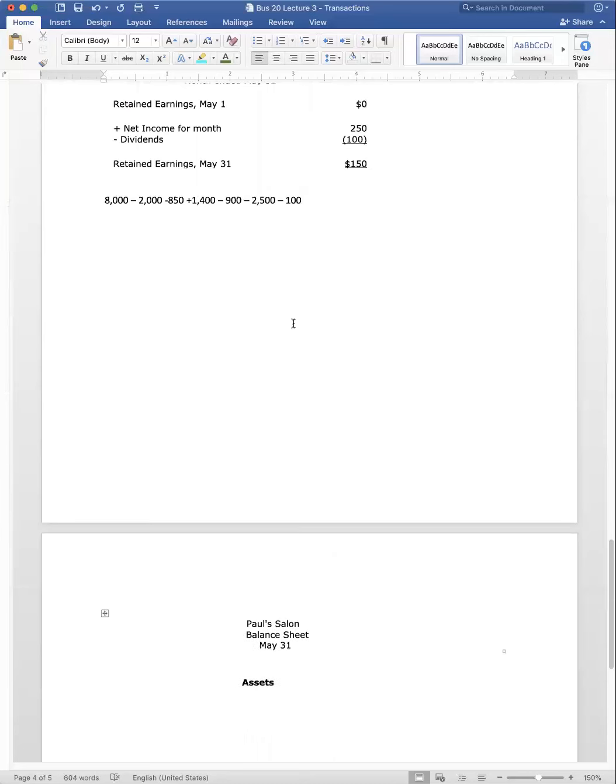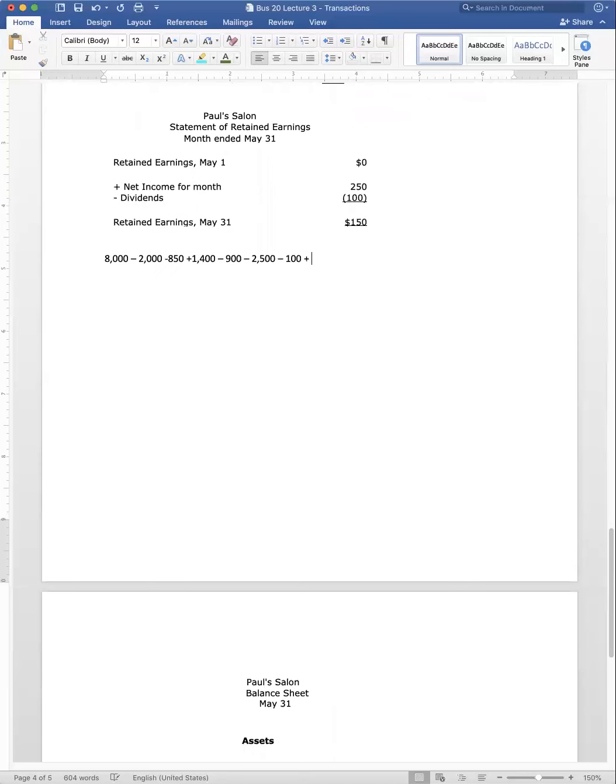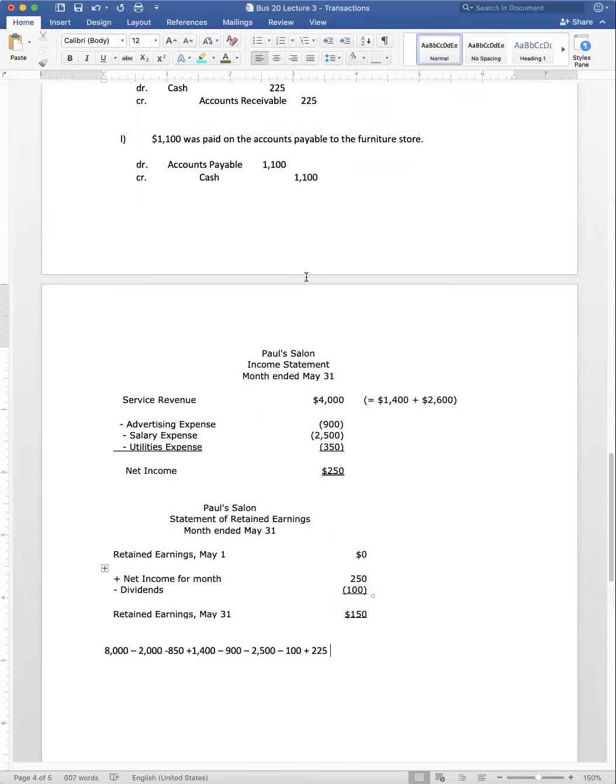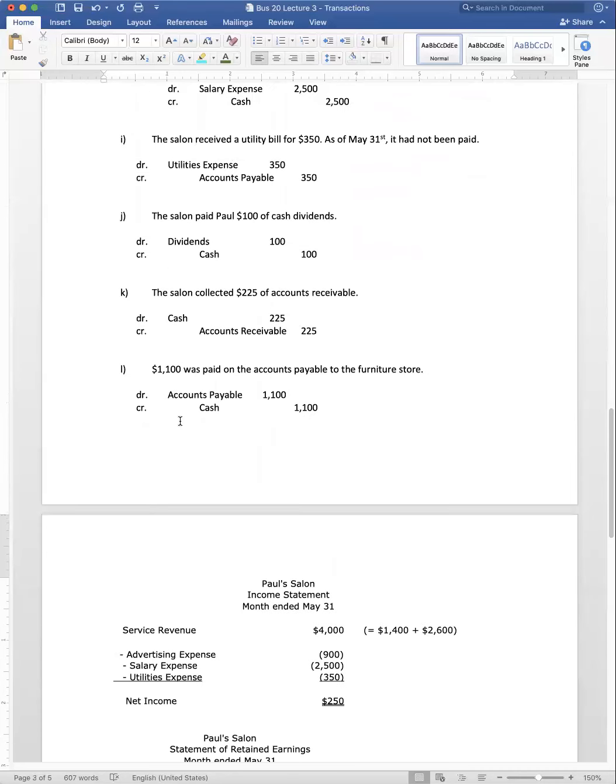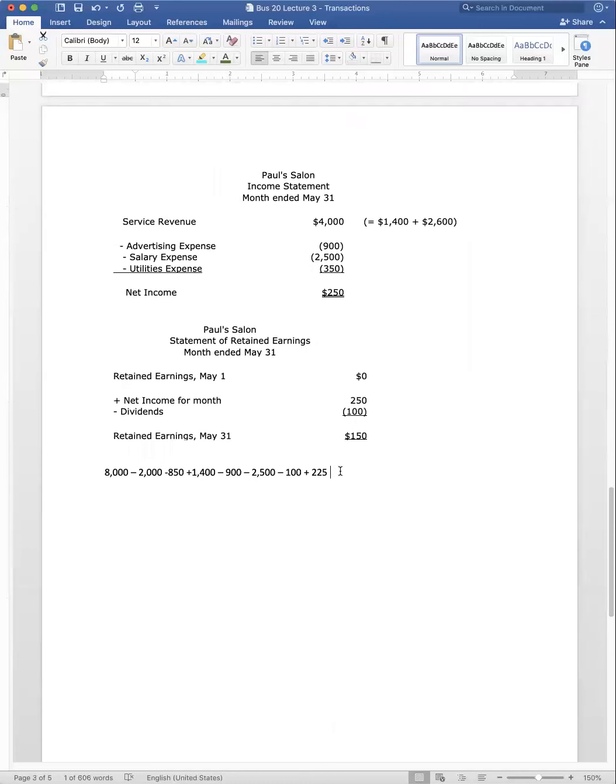That will be added. Oops, that's up here. And let's see, then lastly here in L, they paid $1,100 to the furniture store. So we decrease by $1,100. Okay. So adding all that up, that equals $2,175.